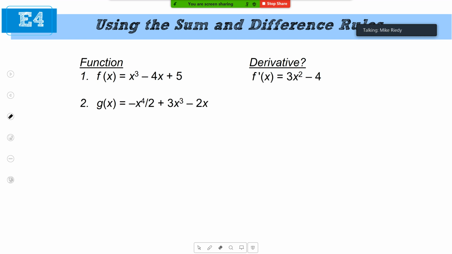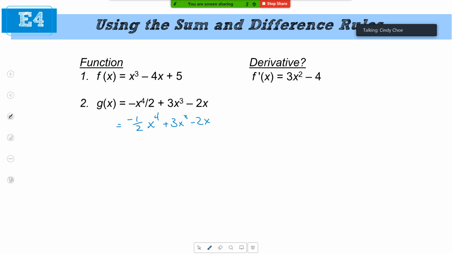All right, do that one. In case you're wondering, this is the same thing as this. Mr. Reedy, could you explain why it's 3x squared minus 4?